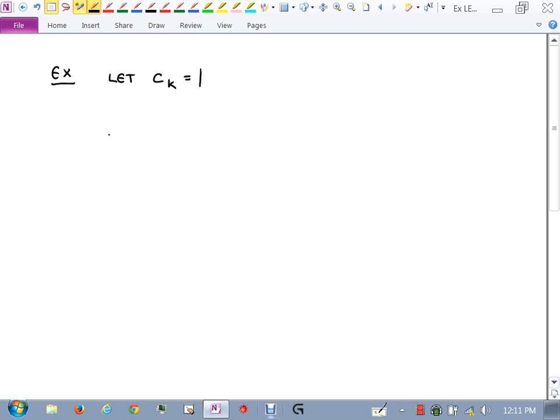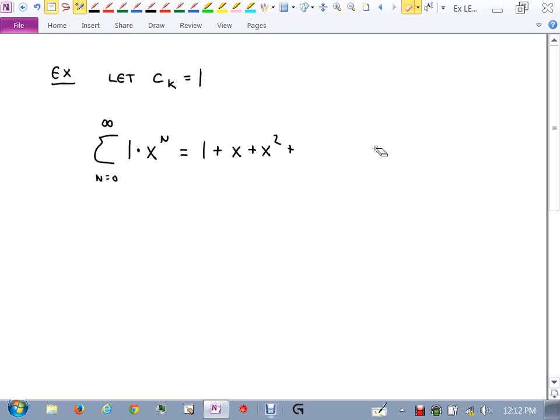So our sum is going to look like the sum from n equals 0 to infinity of 1 times x to the n, because I'm replacing every c with a 1. And so this just becomes, plug in 0 first, x to the 0 is 1, plus, now plug in 1, x plus x squared plus blah, blah, blah, forever.